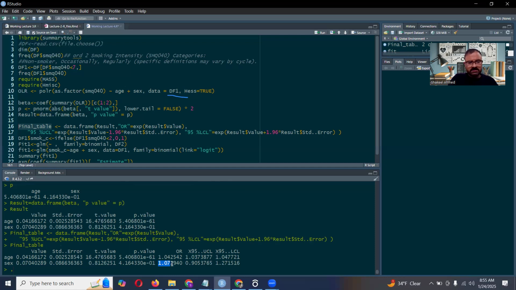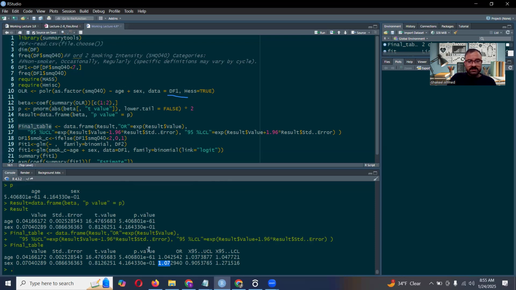So an increase means we are going from male to female. So this probability is also increasing. It means females are more prone to fall in a higher category versus a lower category. That may be 2 to 3, or 1 to 3, or 1 to 2. You can just find an odds ratio.